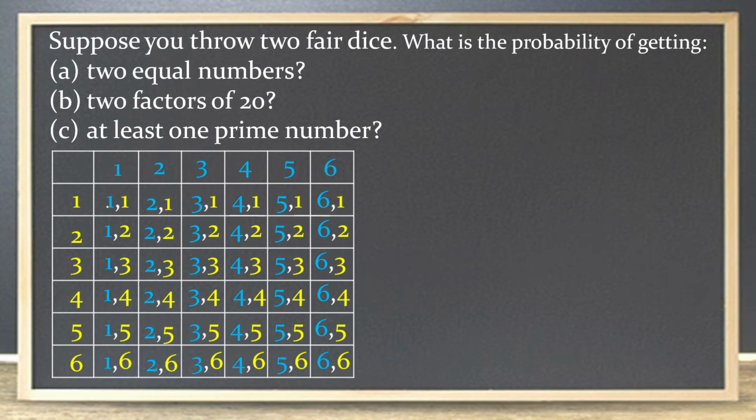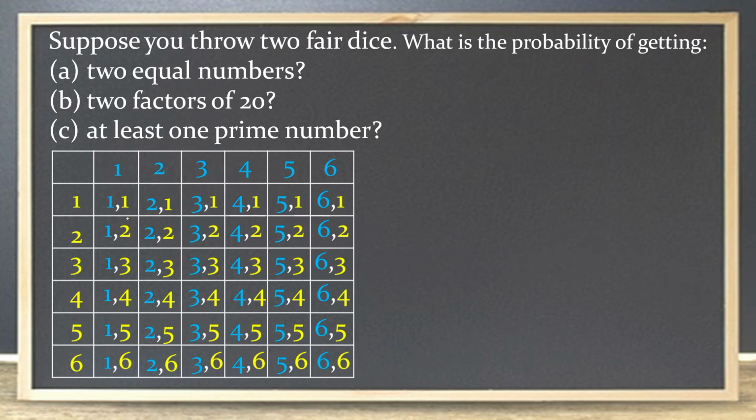So let us see. So we have 1 and 1 are equal numbers. So it means on the first die you have 1, the second die you have 1. These are equal numbers. 2 and 2 are equal numbers. 3 and 3, 4 and 4, 5 and 5, 6 and 6. These are the possible ways that we can obtain equal numbers. Because if you see here, this is 6 and 1. 6 and 1 are not equal.